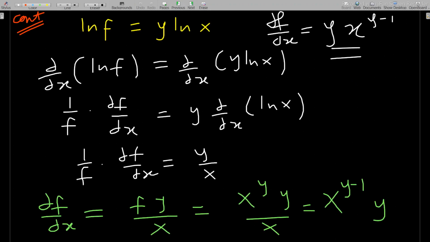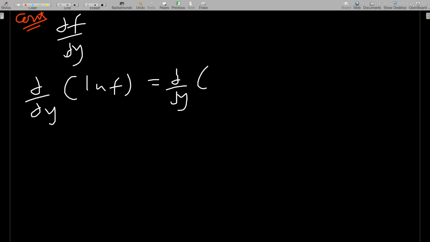Now you go to the next one, which is del f del y. If you remember, we said that you are going to use implicit differentiation as well. So del y of ln of f should be equal to del y of y ln x. Here it is the same thing: f is a function of both x and y.